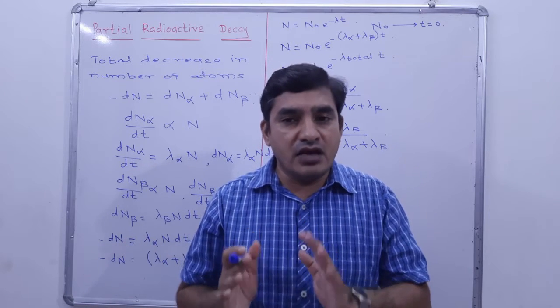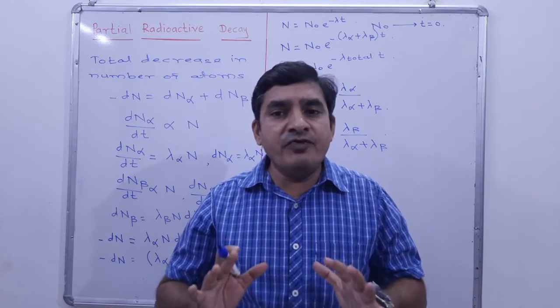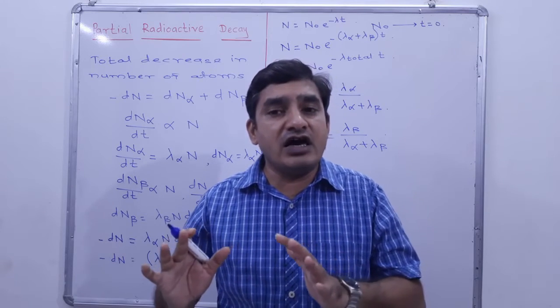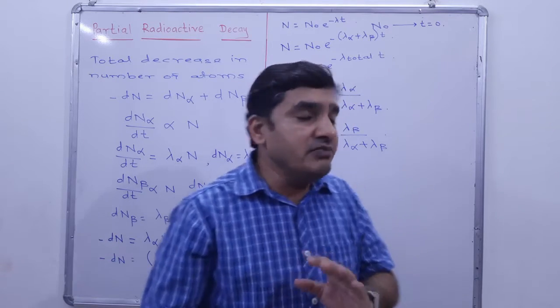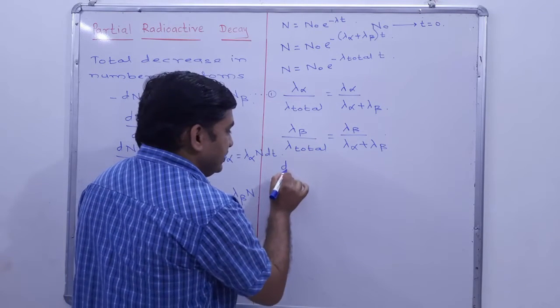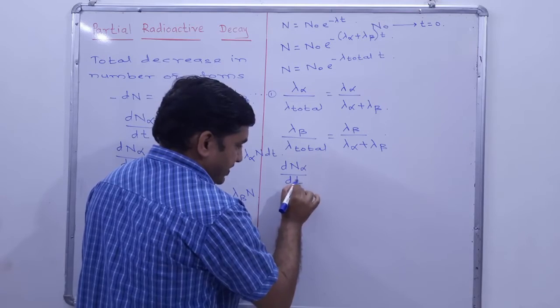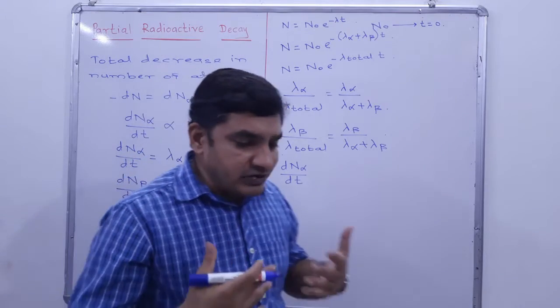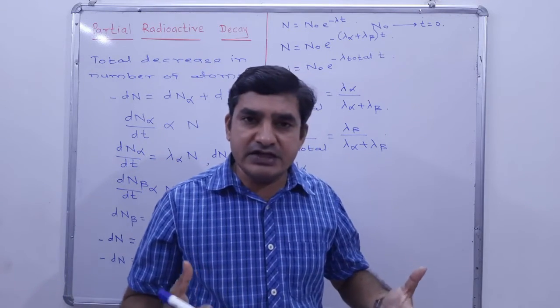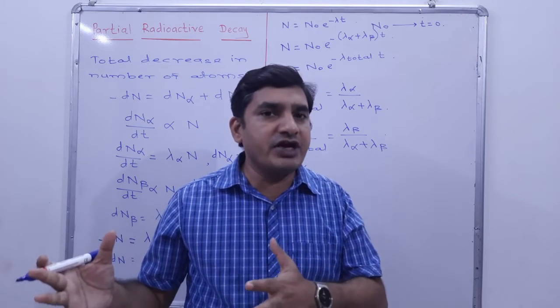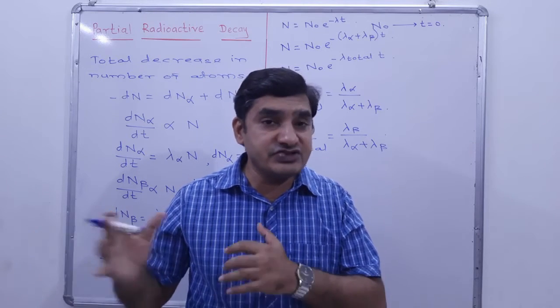Now, the rate of disintegration of alpha particles, dN alpha divided by dt, is directly proportional to the number of radioactive nuclei present at that instant.